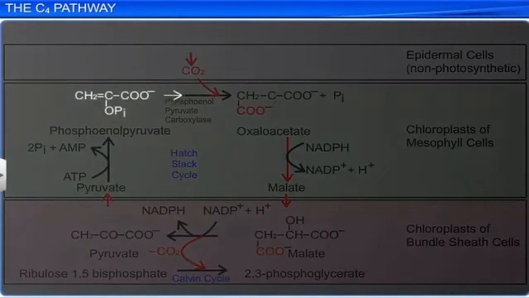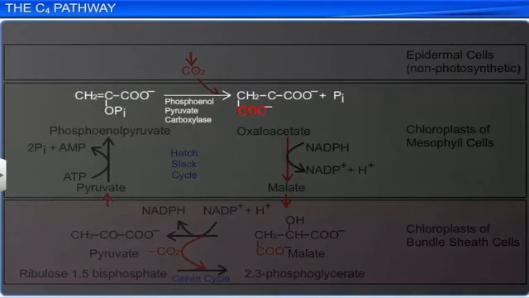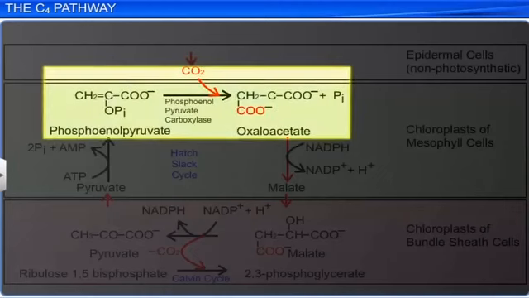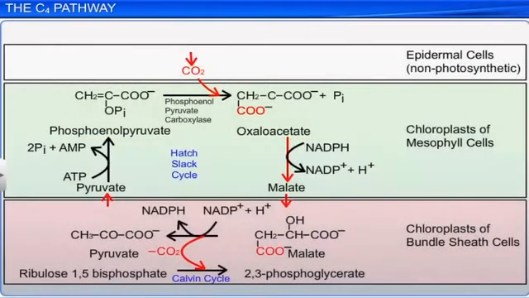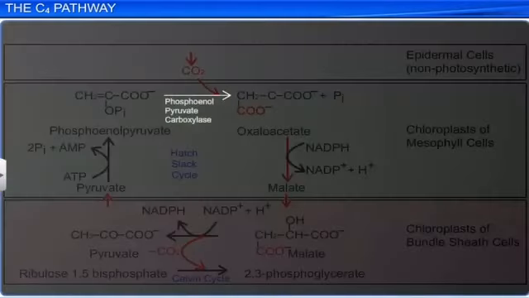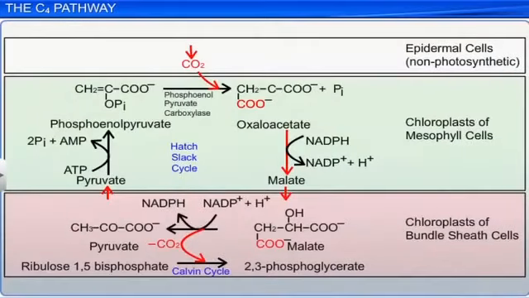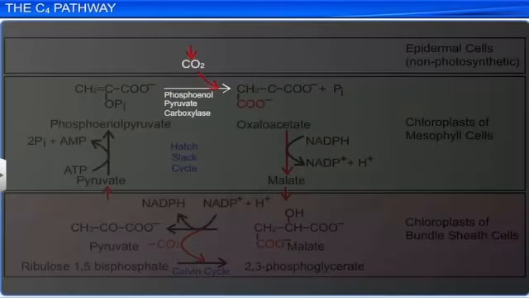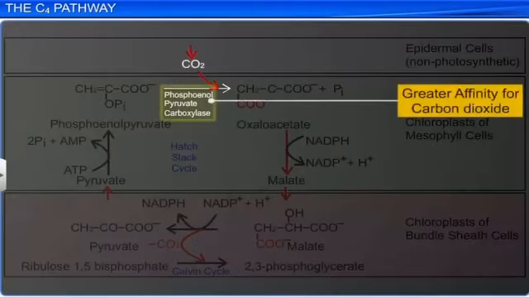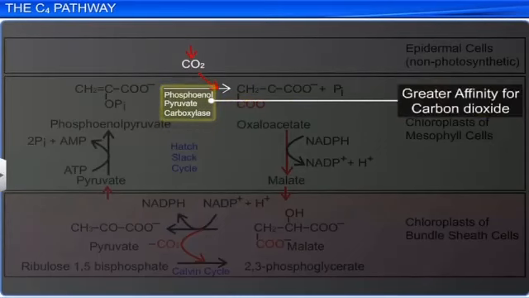Phosphoenol pyruvate, a 3-carbon compound, accepts carbon dioxide to form oxaloacetate, a 4-carbon compound. This reaction is catalyzed by phosphoenol pyruvate carboxylase. This enzyme ensures carboxylation even at low concentrations of carbon dioxide because of its greater affinity towards carbon dioxide compared to rubisco.